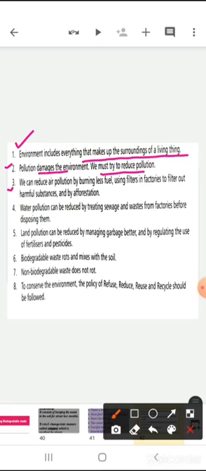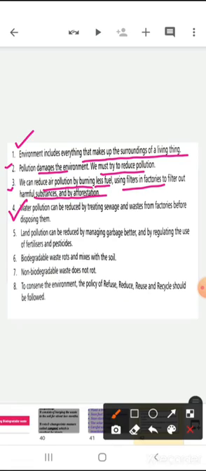We can reduce air pollution by burning less fuel, using filters in the factories to filter out the harmful substances, and by afforestation. Afforestation means planting more and more trees and plants. Because of afforestation, the air becomes clean.